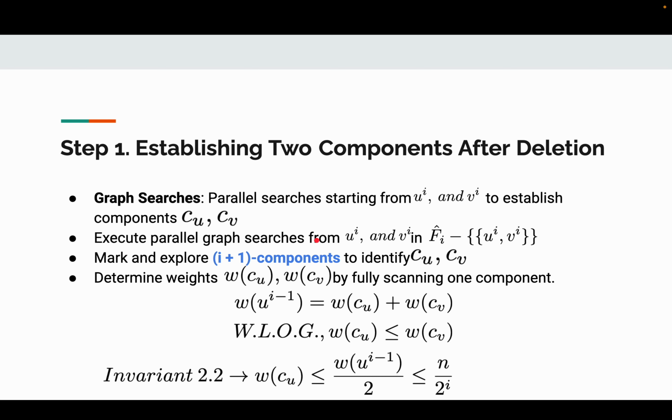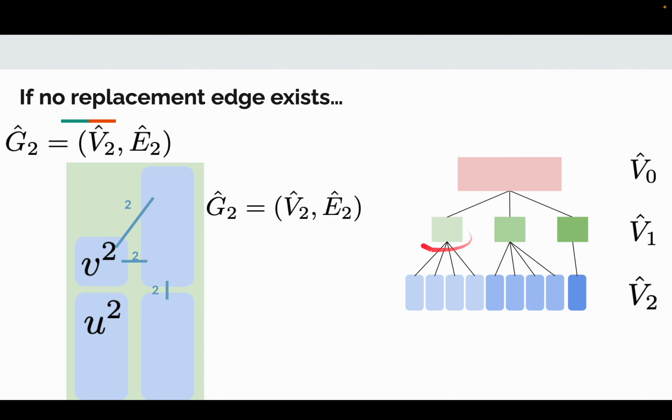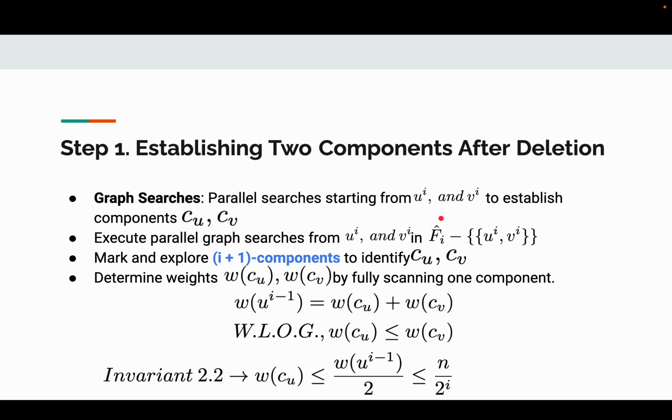Why do we only need one to be fully scanned? Because we know that U_{i-1}, which is these small blue connected components, is going to be split into two. So if we already know the weight of one, we know the weight of the other. And the weight, by definition, is the number of vertices in this connected component. So this process continues until one is fully scanned, and this allows us to determine the weight of both components.